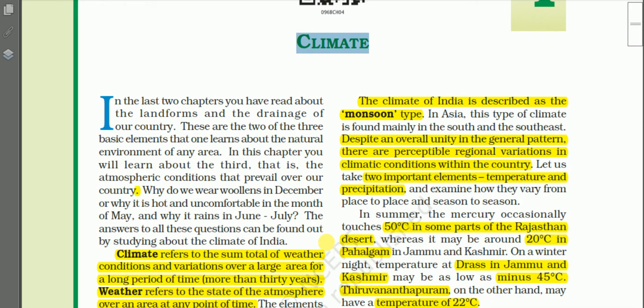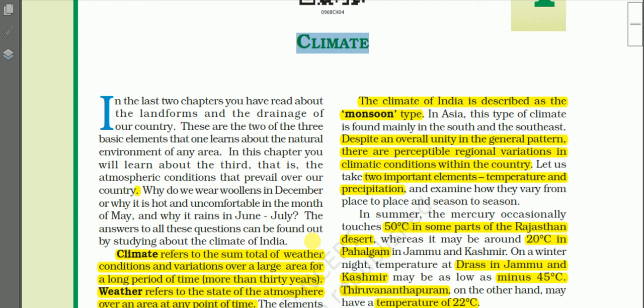Like, why do we wear woolen clothes in December, or why is it hot and uncomfortable in the month of May, and why does it rain in June to July?